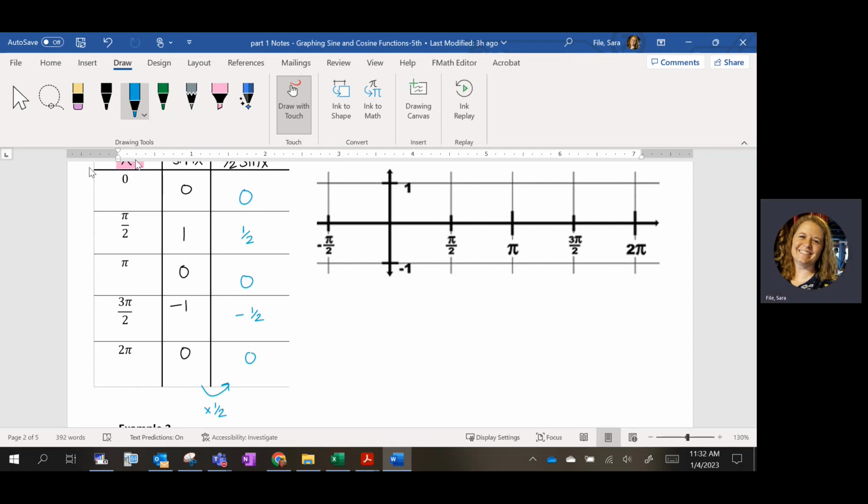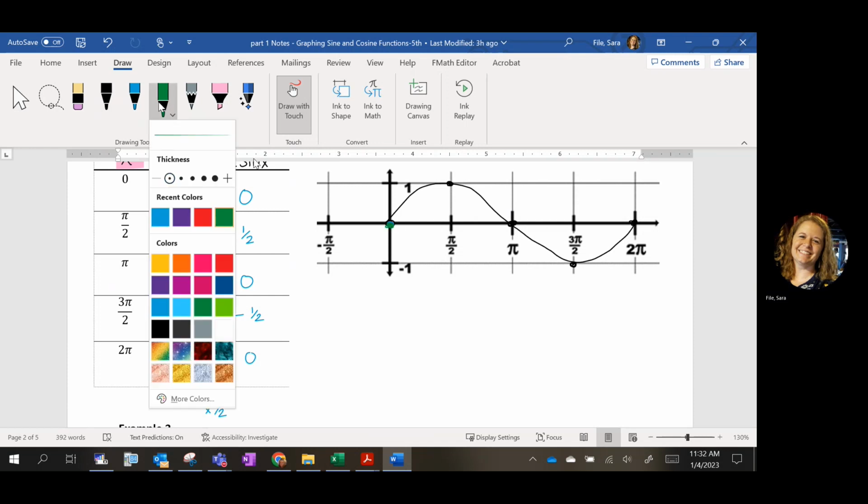Okay, so the parent function, I'll put it back up here, was 0, 1, 0, -1, 0. There's the parent function. My new points: 0, 0, so that didn't move.